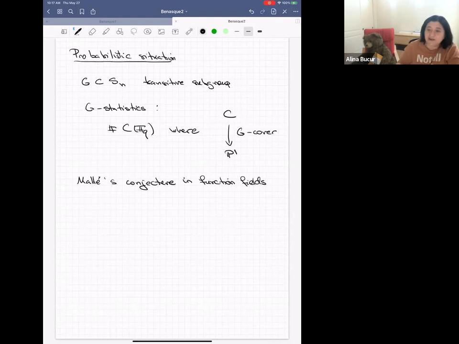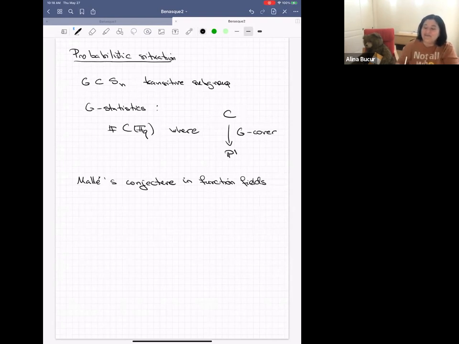The great thing about it is that, as I was reading just this morning on Jordan Ellenberg's blog, Malle's conjecture is a great conjecture. It has the tiny defect that it's false in some cases.